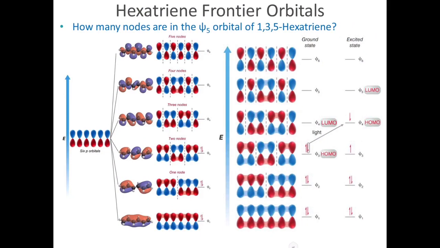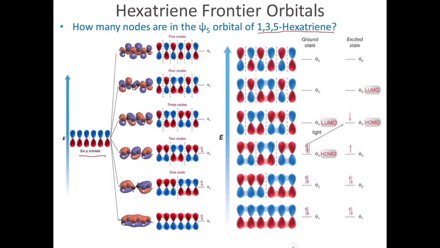What we need to do is to understand the frontier orbitals. We can consider the 1,3,5-hexatriene, that is 6 p orbitals. So we need to identify the HOMO and the LUMO. Because we have 6 electrons, all we need to do is think of, at the ground state, how many nodes are going to be in the HOMO.